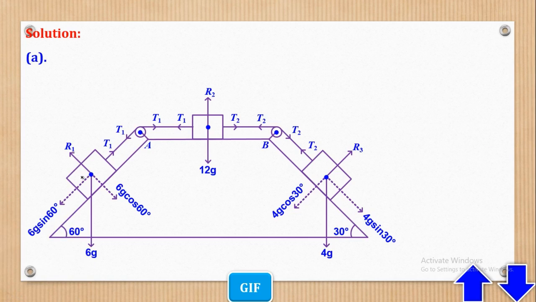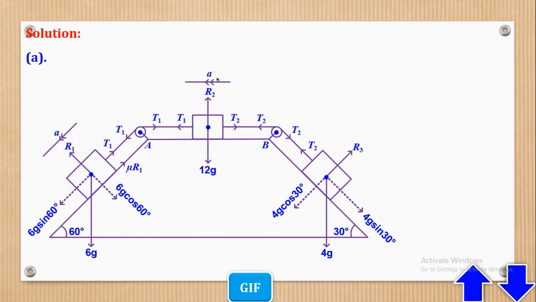So for this 6 kilogram mass, acceleration will be down the plane, and that is it. So acceleration is the same throughout. Now because this is down the plane and friction opposes motion, friction must be up the plane, so here we shall put mu R1, which will be up the plane. What about the 12 kilogram mass?